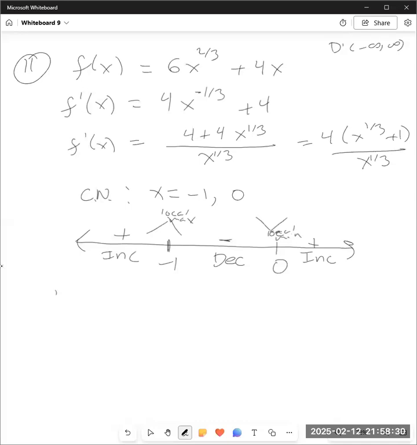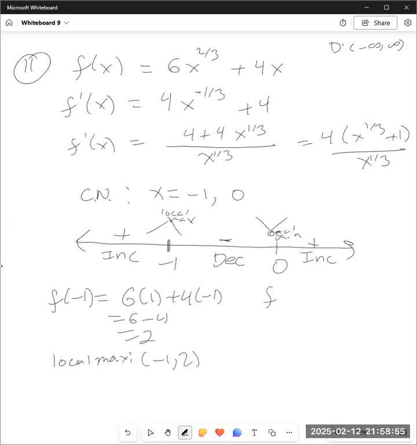So f of -1 is 6 times 1 plus 4 times -1, which is 6 minus 4, which is 2. There's a local max at (-1, 2). f of 0 is 6 times 0 plus 4 times 0, which is 0 plus 0, which is 0.